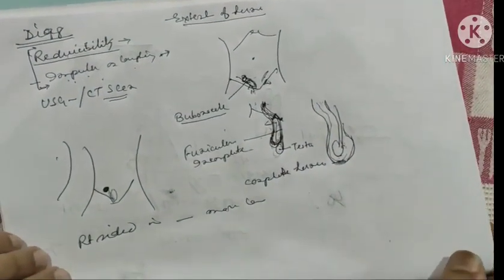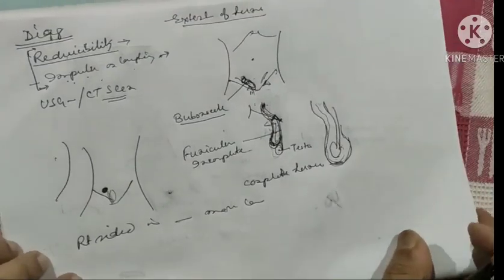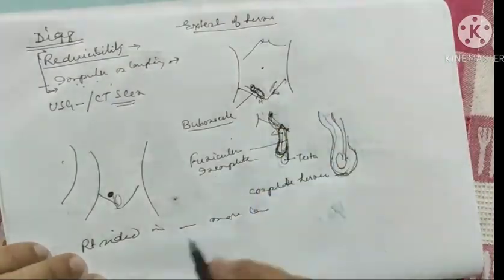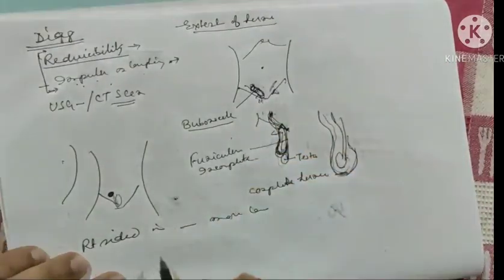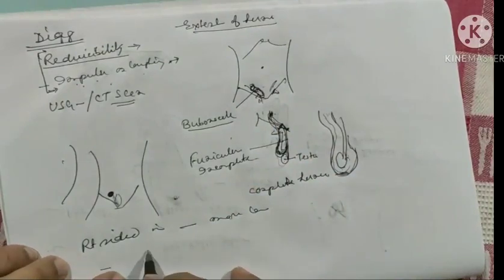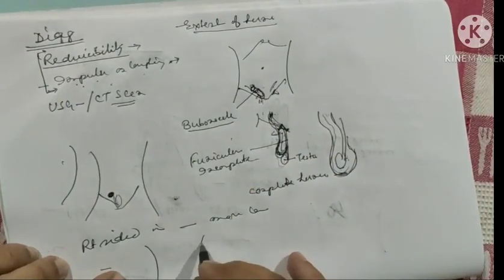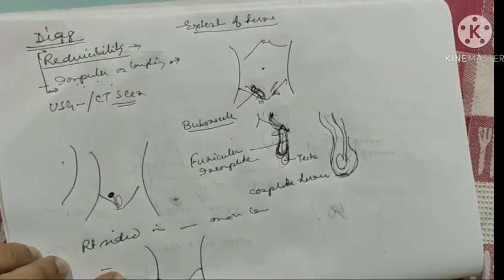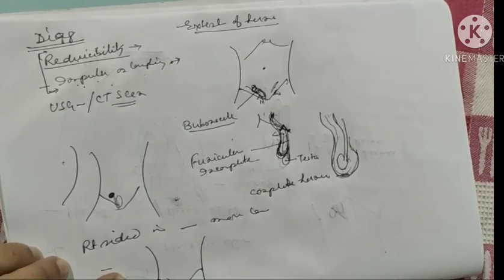Now, one thing that is sometimes very difficult to differentiate is the femoral hernia. Inguinal hernia comes out through the superficial inguinal ring. This is the pubic tubercle and this is the inguinal ligament.